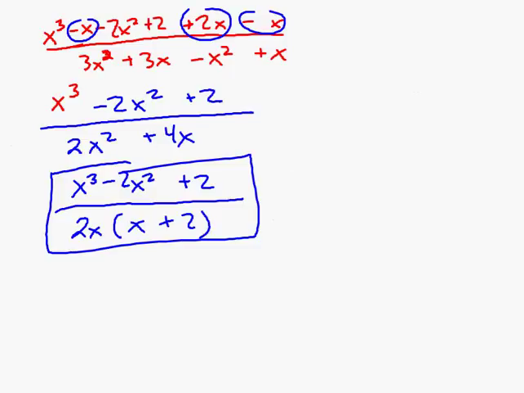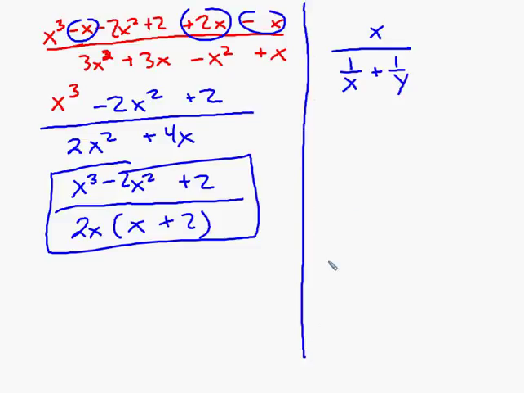Let's try one that's easier. All right, here's an easier one. Okay, so on the right-hand side here, I'd multiply this top by xy and this bottom by xy.